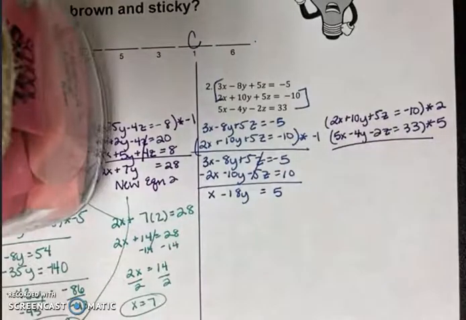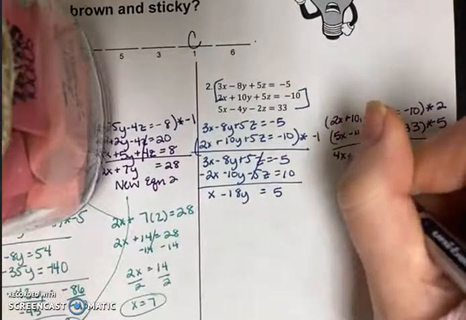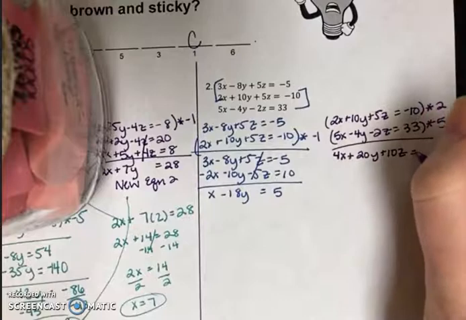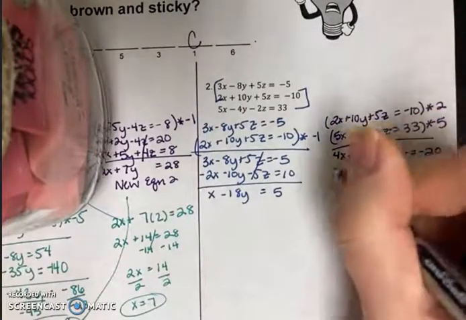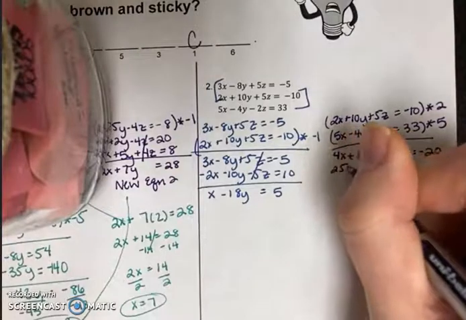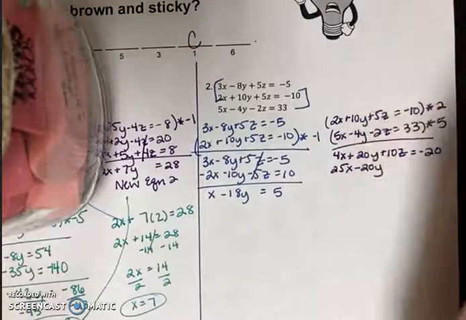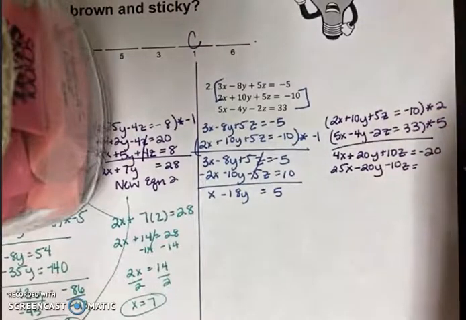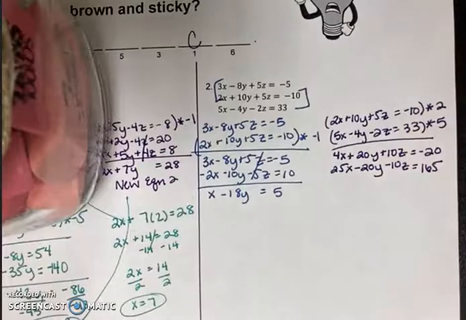And then for the second equation, if I multiply by 2, I get 4x plus 20y plus 10z equals negative 20. And if I'm multiplying by 5, I get 25x minus 20y minus 10z equals 33 times 5, which is 165.